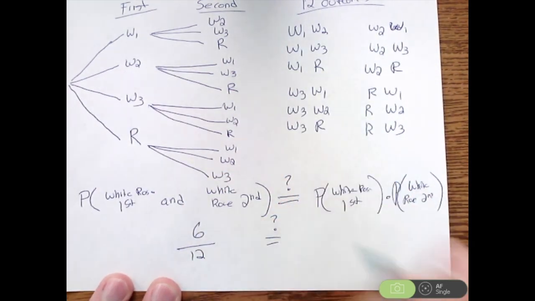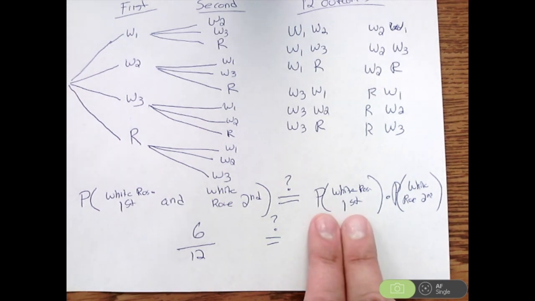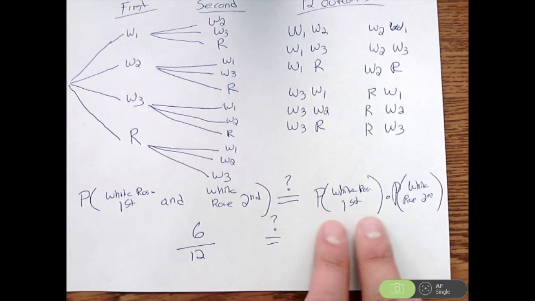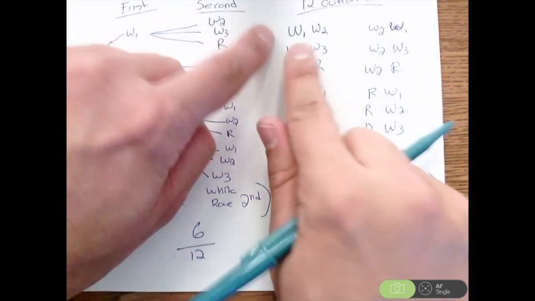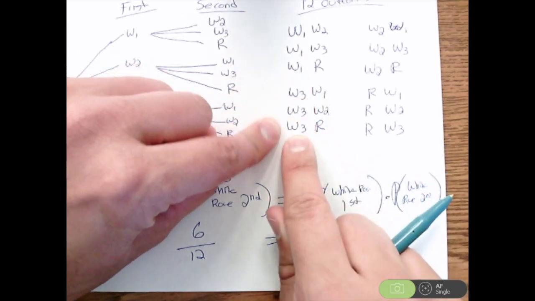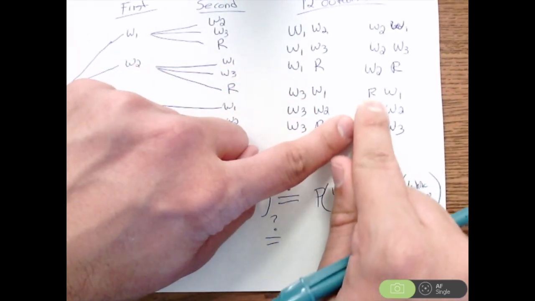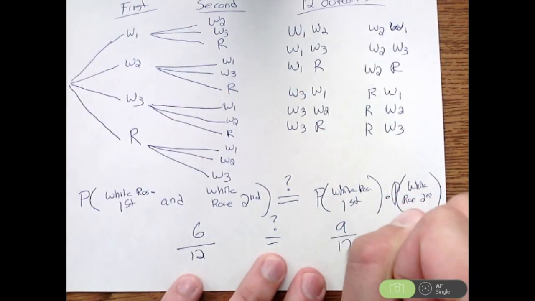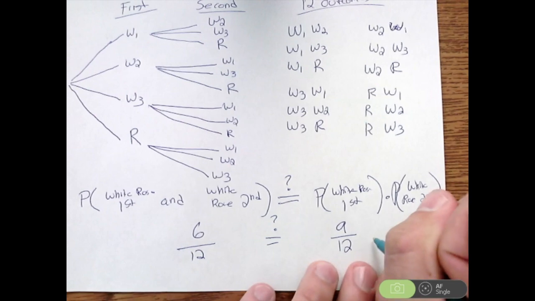And we want to know, is that equal to this right side? So let's figure out how many times I end up with just a white rose first. Of all the outcomes, let's count how many times there is a W in the first slot: 1, 2, 3, 4, 5, 6, 7, 8, 9. That happens 9 times out of 12 total outcomes.